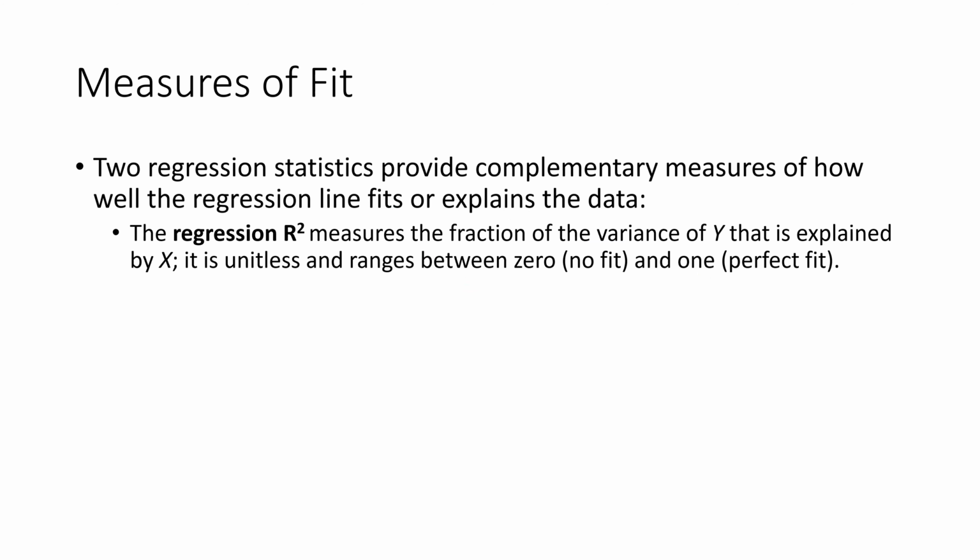Okay, so we have regression r squared, which just measures the fraction of the variance of y that is explained by x. It ranges from 0 to 1. In other words, how much of the variance that we observe in test scores is explained by the student-to-teacher ratio.